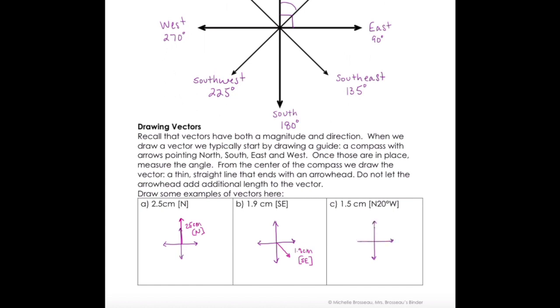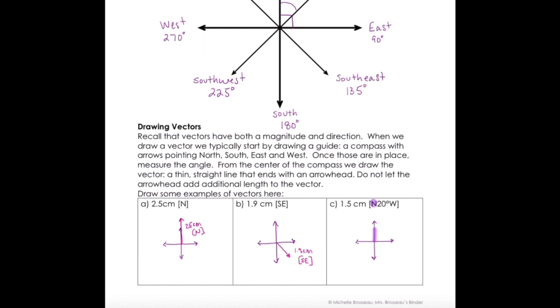Okay, for this last one, draw in our compass. It's going to be 1.5 centimeters. And now you'll see this is not a perfect southeast, southwest. We have north 20 degrees west. Okay, so what you want to do is identify the direction in which it starts. So we have north here.